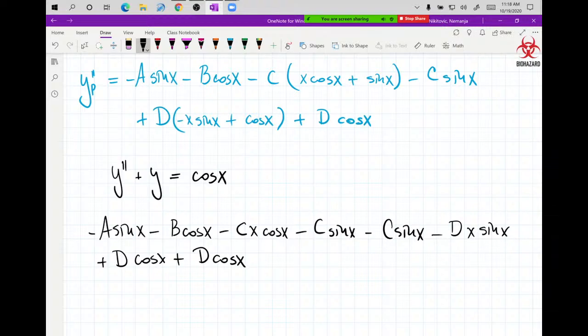So all of that stuff that I wrote so far is just y double prime. 1, 2, 3, 4, 5, 6, 7, 8. 1, 2, 3, 4, 5, 6, 7, 8. It's good to do this check.